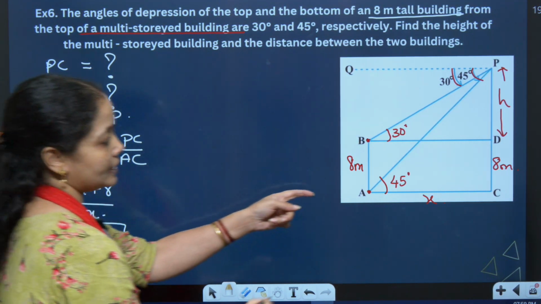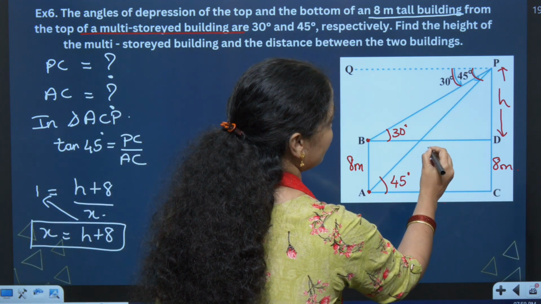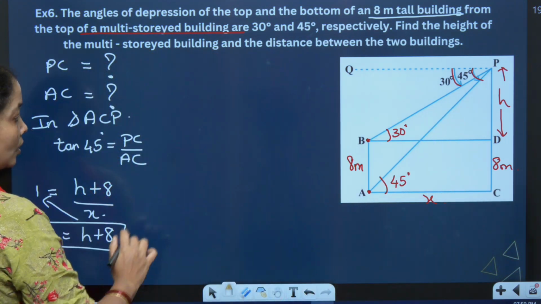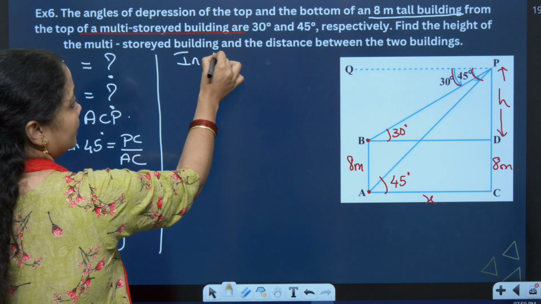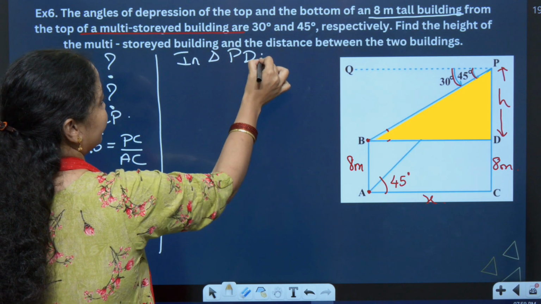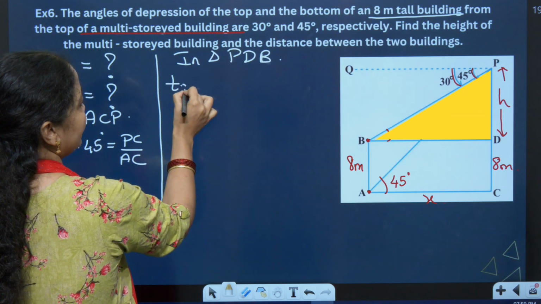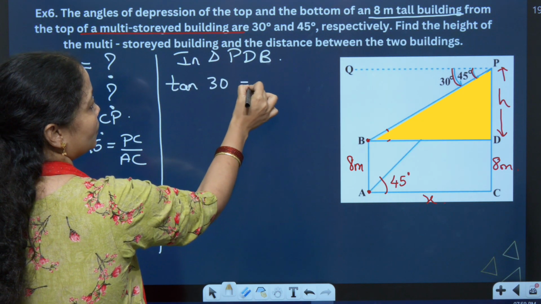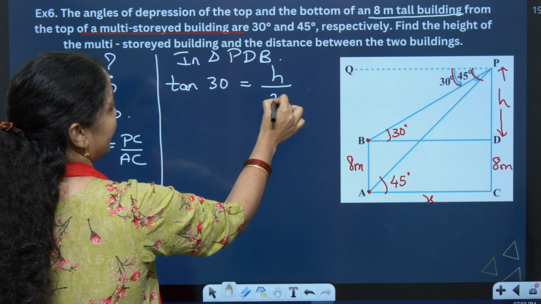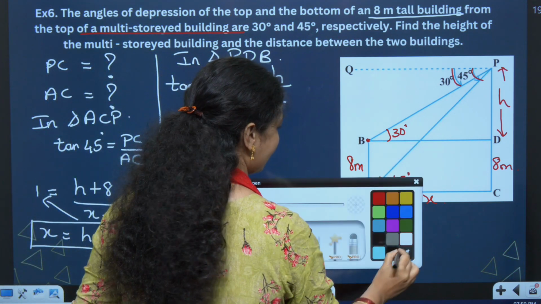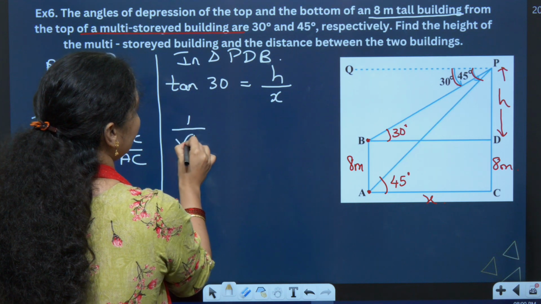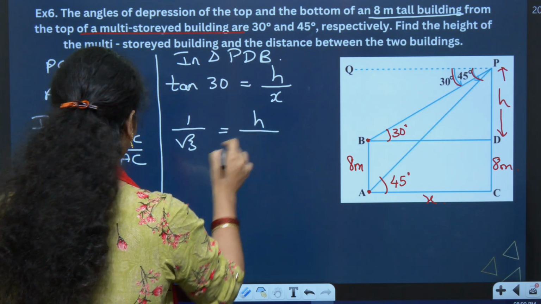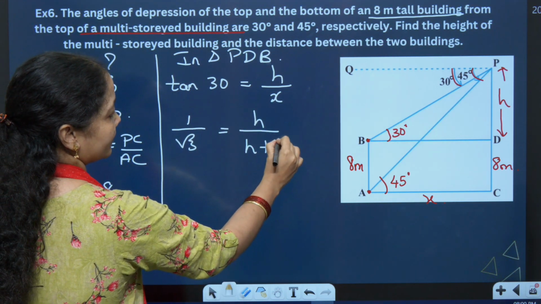If X is H plus 8, BD will also be X. So now if I am considering triangle PDB, the upper triangle, tan 30 degrees is equal to H by X again. If this is X, this will also be X. Tan 30 is 1 by root 3, which is equal to H by X, which is nothing but H plus 8.